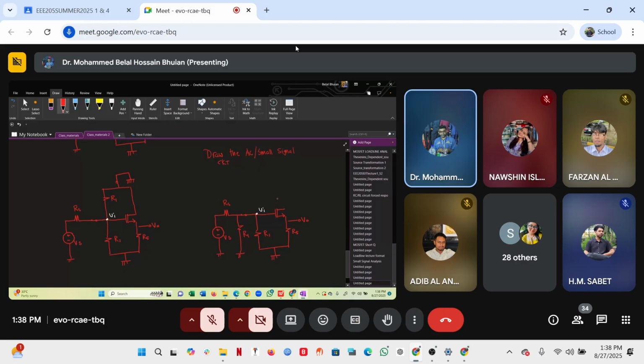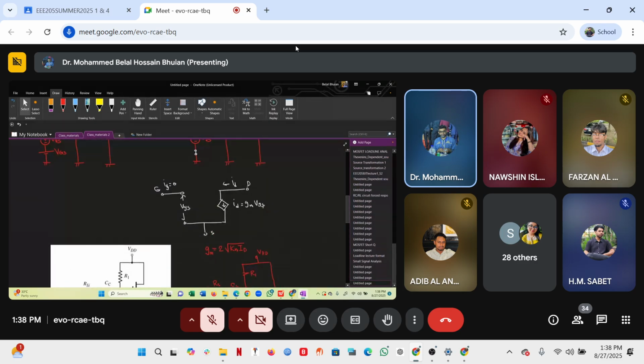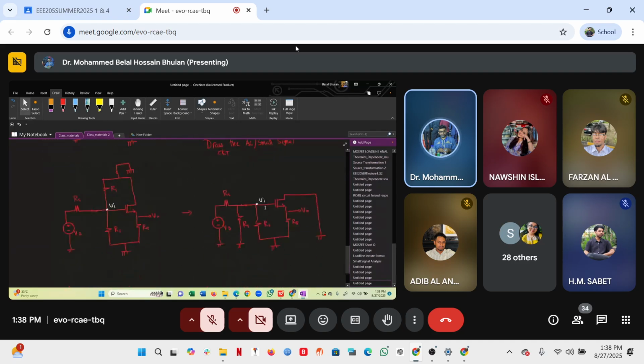From the drain, you notice where does it go? It goes to the ground. And the source is connected to the ground through RS. That is how the circuit looks. This is the simplified circuit. Then I'm going to replace it with the MOSFET model.